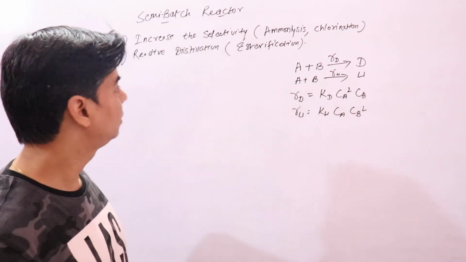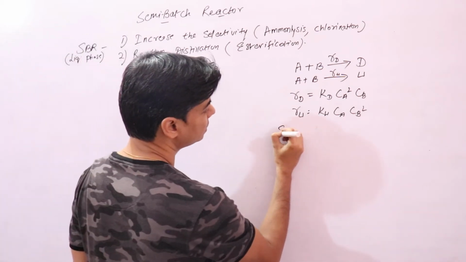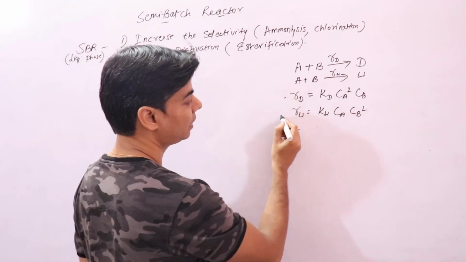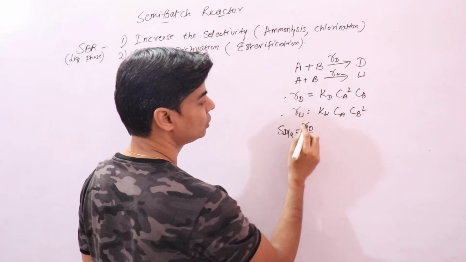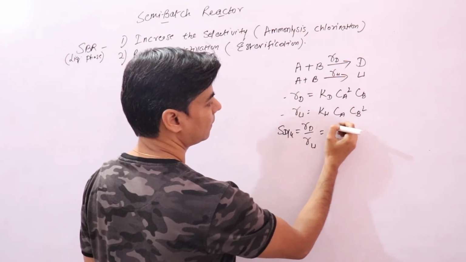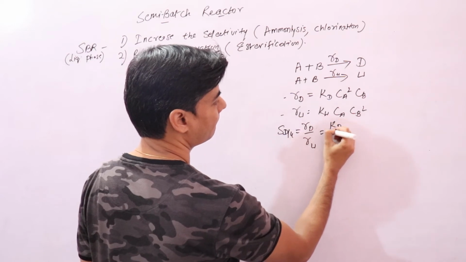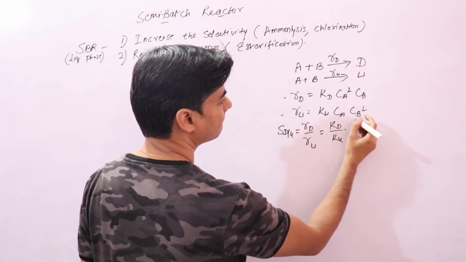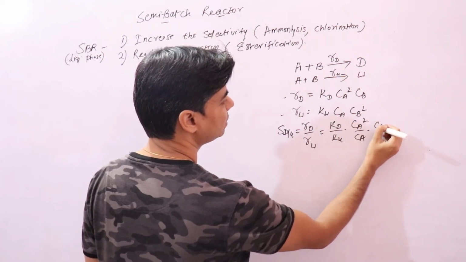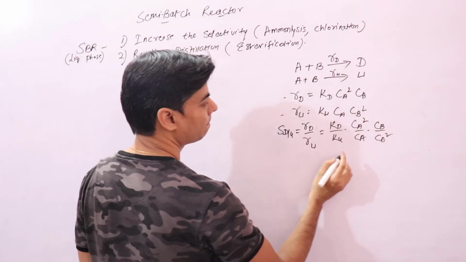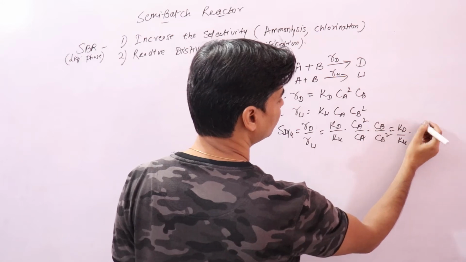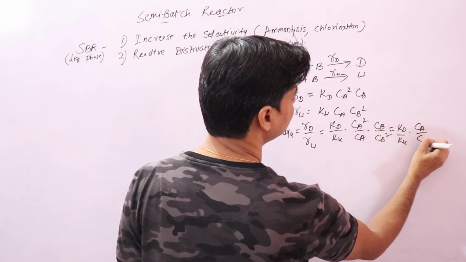Now, like I said earlier, selectivity is the ratio of the rates RD and RU, the ratio of the rate of this reaction and the rate of this reaction. That is CA squared CB upon CA CB squared, which is equal to KD upon KU times CA upon CB.